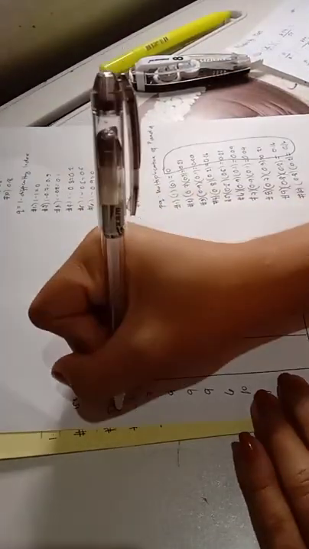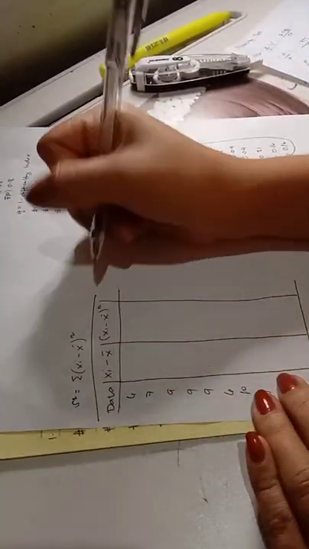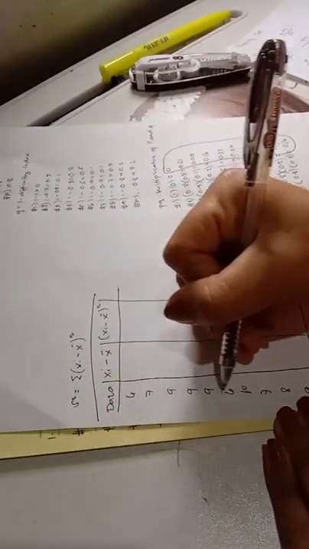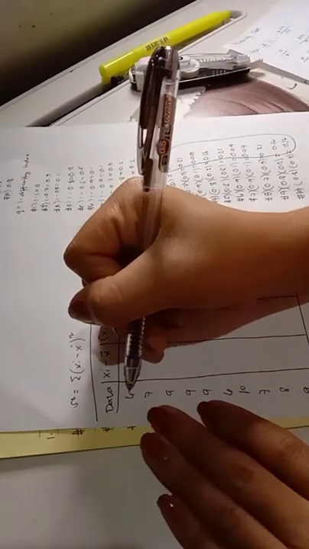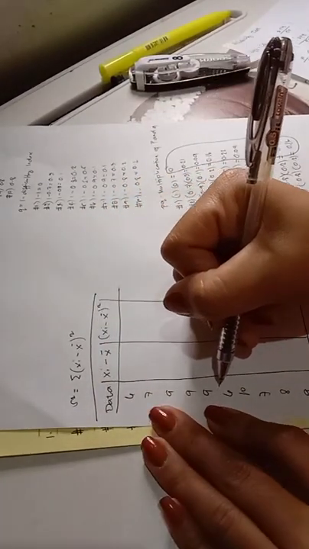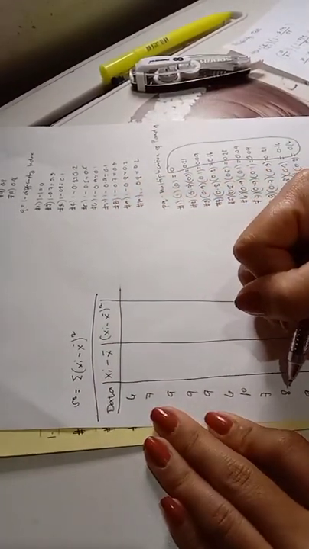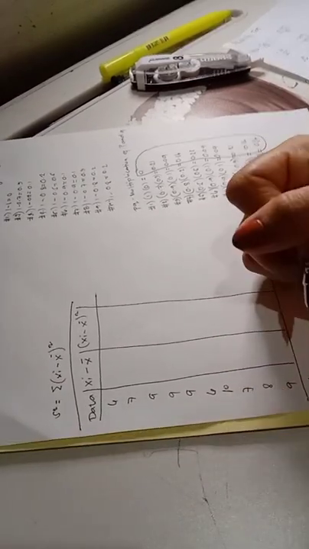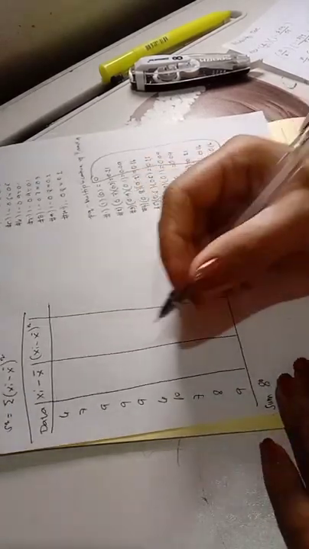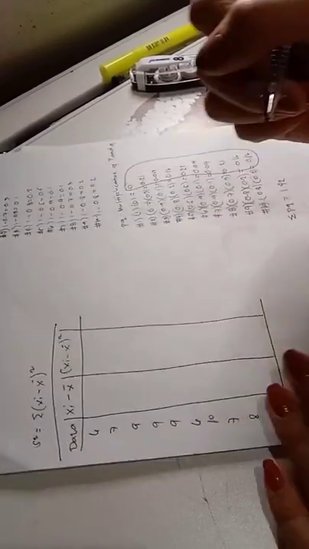First, we have to get the total of this data, the sum of the data. So 6 plus 7 plus 9 plus 9 plus 9 plus 6 plus 10 plus 7 plus 8 plus 9 is equals 80.